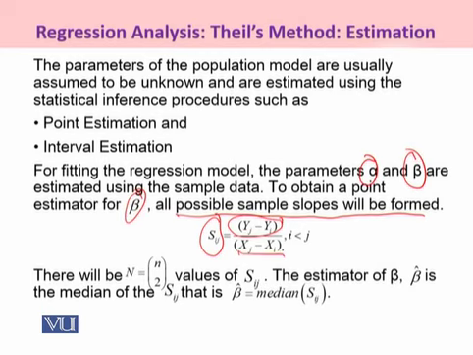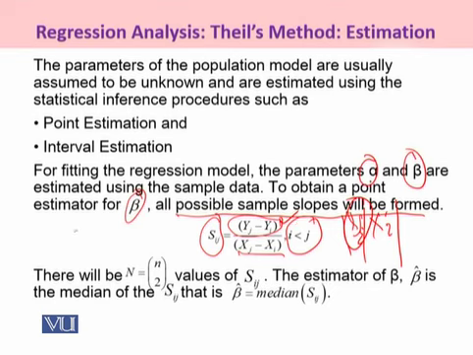Now students, you are given two types of variables, yi's and xi's, where the xi's are fixed constants and the yi's are random variables. So if you look at the numerator, you subtract the ith value from every jth value, where you are assuming that i has to be less than j.